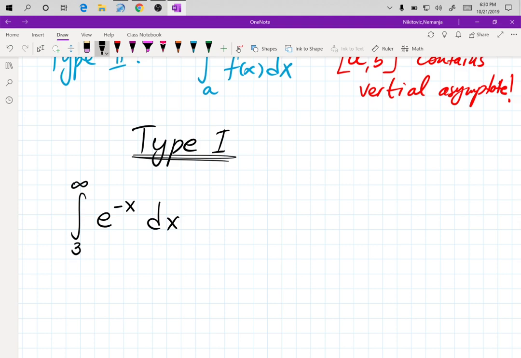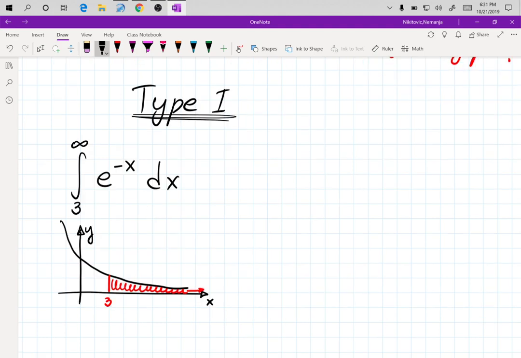Because you can't really plug in infinity. Well, we use a hack. And the hack is to change infinity to a finite number, b, because it's the upper limit, and then send that b to infinity, so in the limit. So I'm going to say limit b goes to infinity, integral 3 to b.